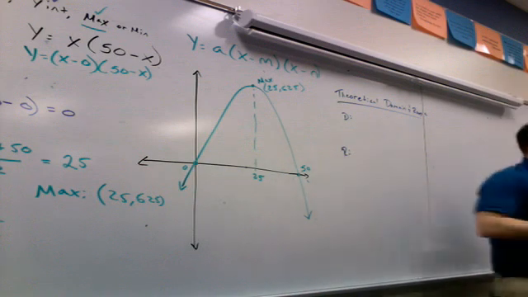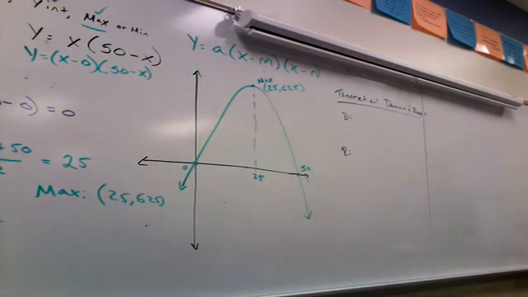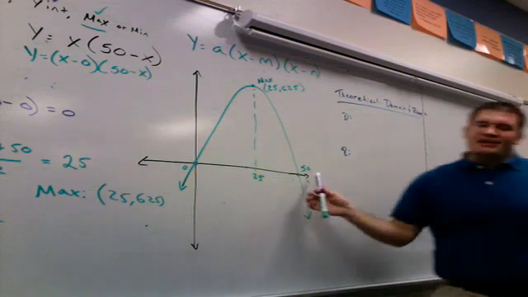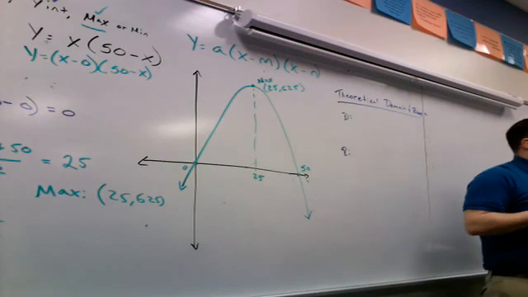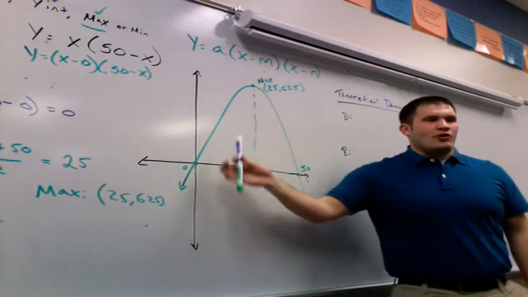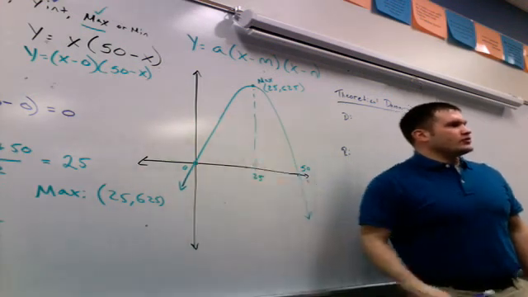So, using our graph, what's our domain going to be? Anybody know? Okay, look at the graph. Are there any x's that won't have a y? Are there any x's that won't have graph either above it or below it?